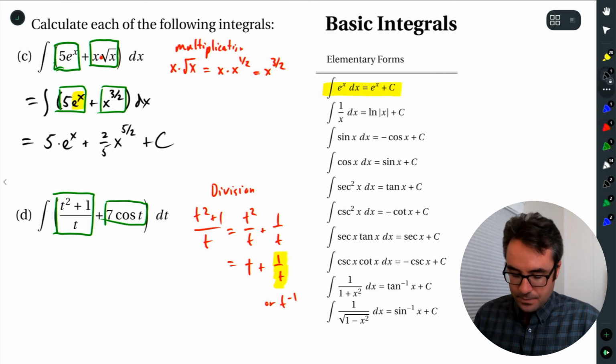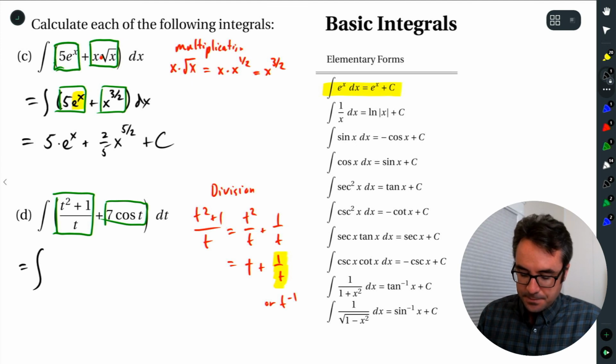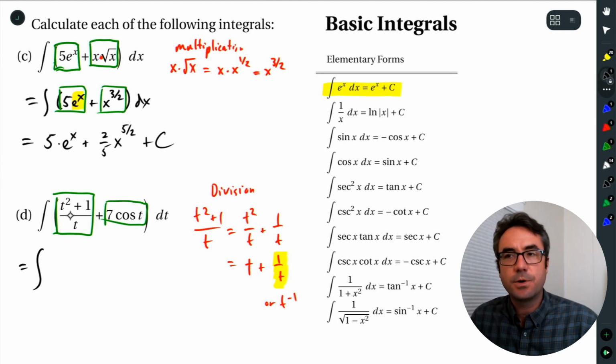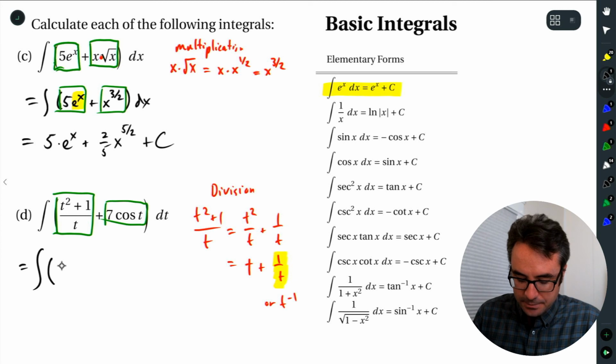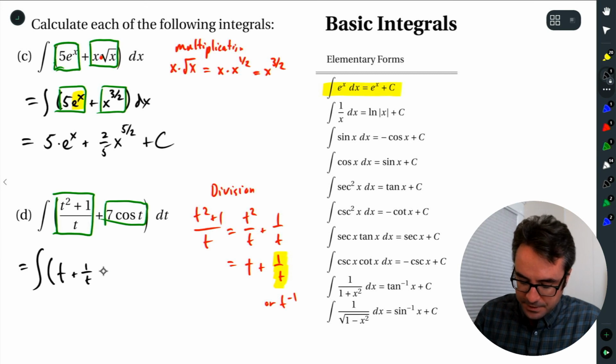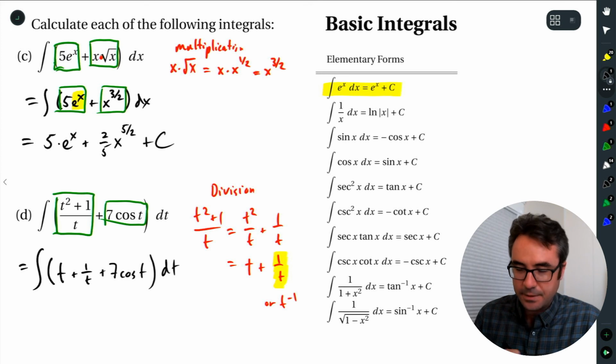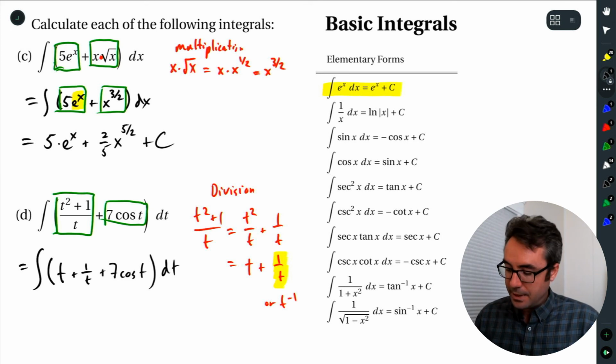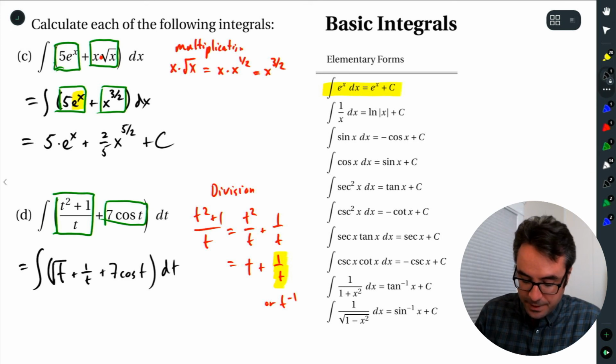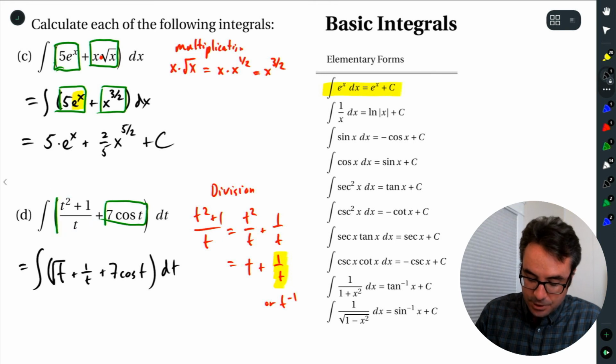So when we go to integrate this, this fraction t squared plus 1 over t actually becomes t plus 1 over t. And then we have plus 7 times cosine t. And we're integrating this. Now when I look at this, we actually have three distinct terms.